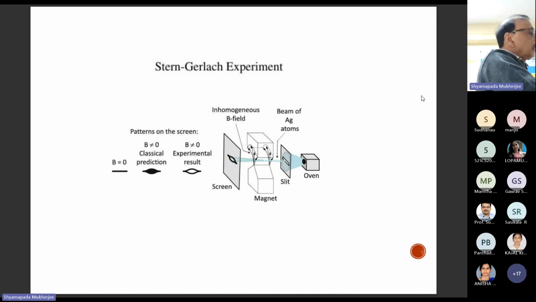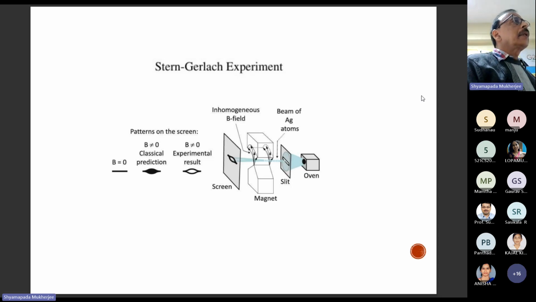So I have any possible direction. What figure should you get? Classically you should have got B not equal to 0, a continuous figure, because the electron can move in any direction. But you are not getting that. You are getting this up and down. That is the experimental result you are getting.